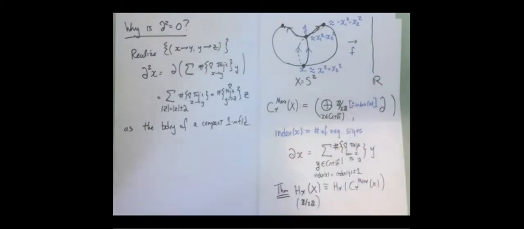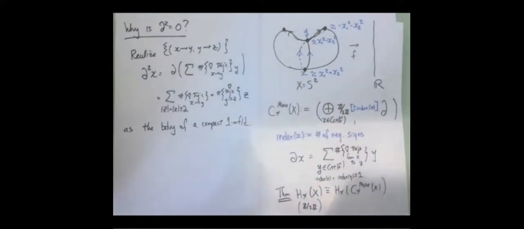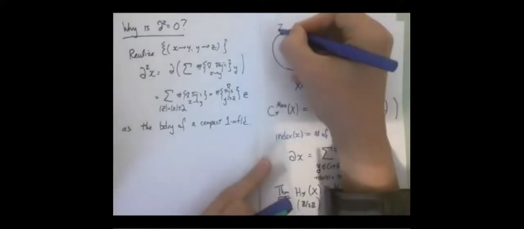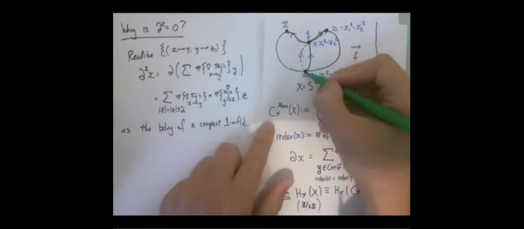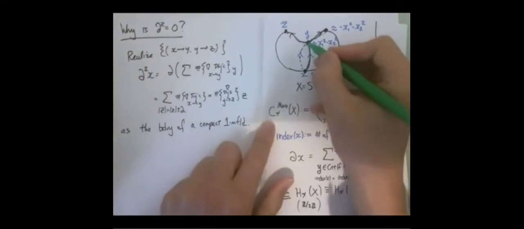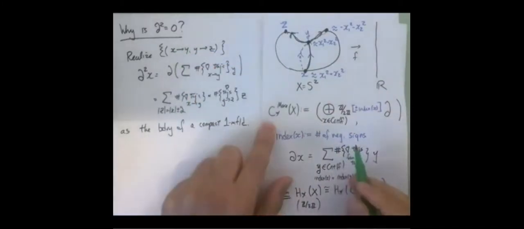And so the reason that I started out with this picture is because you can actually see what's happening here. So let me choose an example of a z. So here's an example of a critical point that's indexed 2 away from the critical point x. And here's an example of a gradient trajectory from x to y, followed by a gradient trajectory from y to z. So that's the kind of thing that'll appear in the set that we're counting in the coefficient of z.